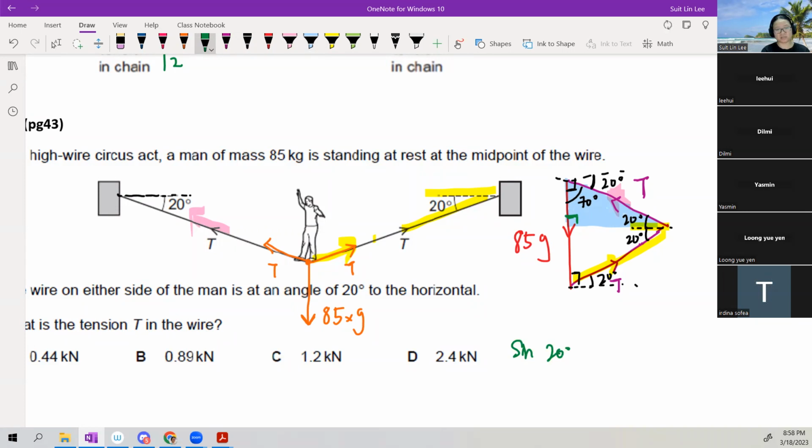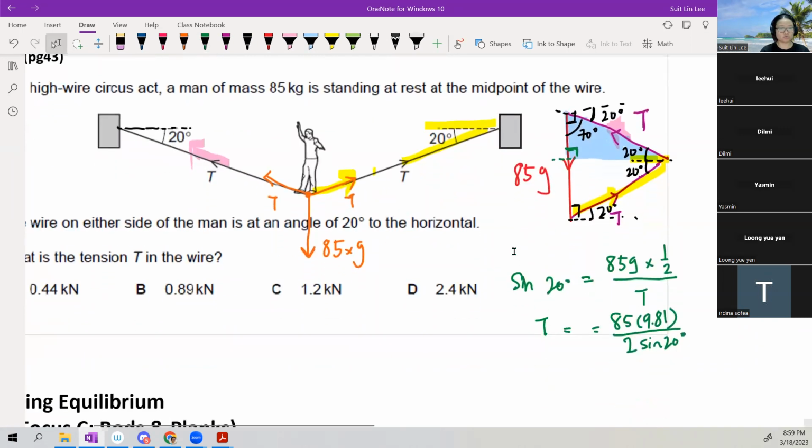Sine 20 is equal to opposite, 85g, but it's half of 85g. So 85g times half divided by T. So if you want to find T, it would be 85 times 9.81 divided by 2 sine 20.